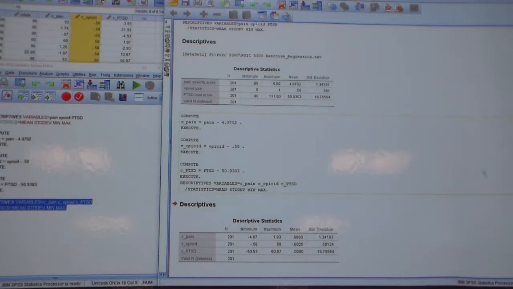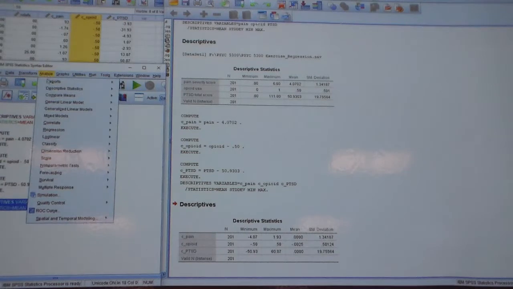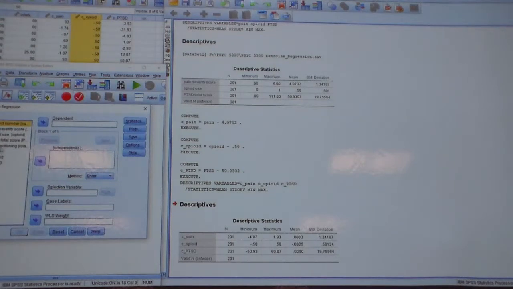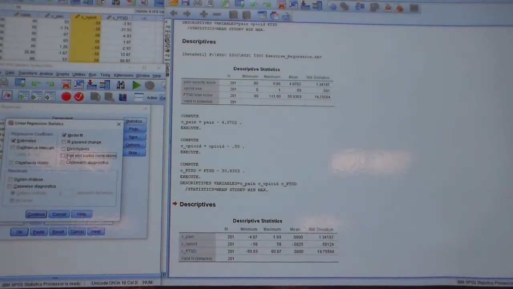That's looking good. So what I want to do now, for the purposes of this example, is go to Analyze, Regression, Linear, and I take role function as my outcome, and I look at my uncentered variables here, with part and partials, collinearity diagnostics.